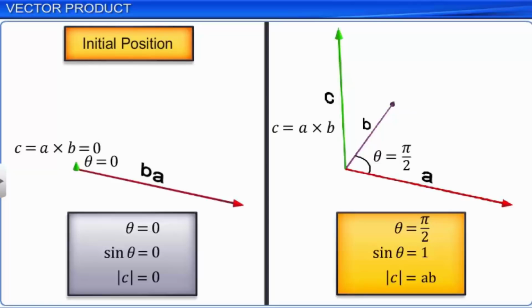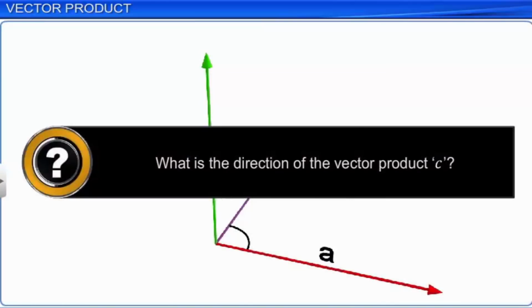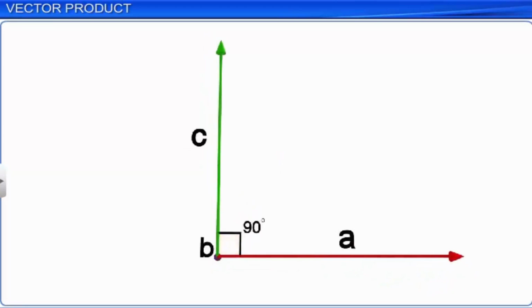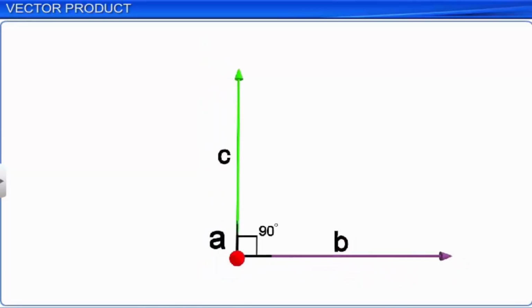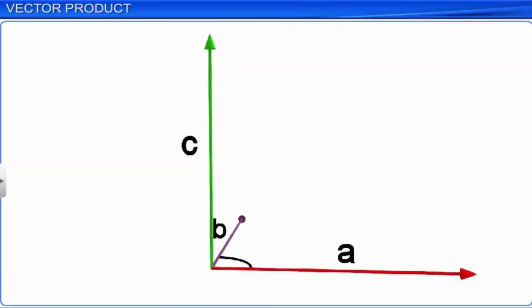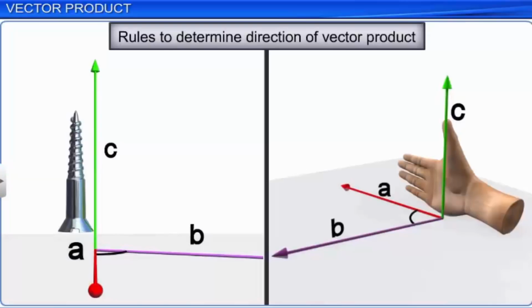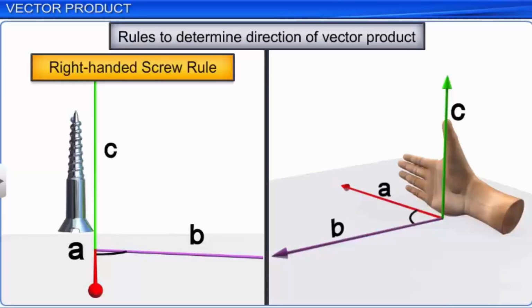What is the direction of vector product C? The direction of vector product C is perpendicular to that of vectors A and B. In other words, vector product C is perpendicular to the plane containing vectors A and B. There are two simple rules to determine the direction of a vector product, namely the right-handed screw rule and the right-hand rule.